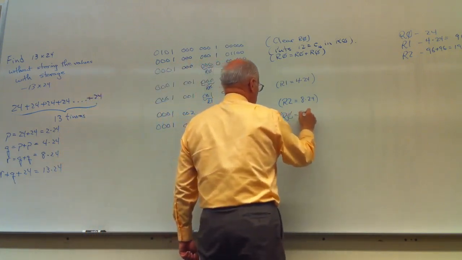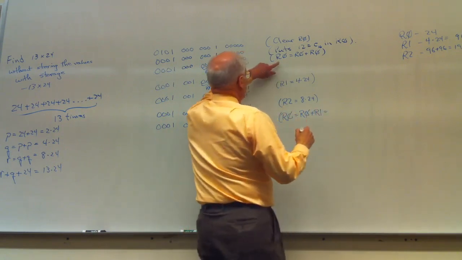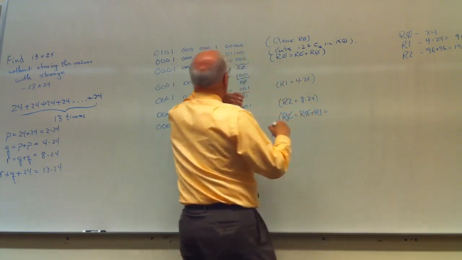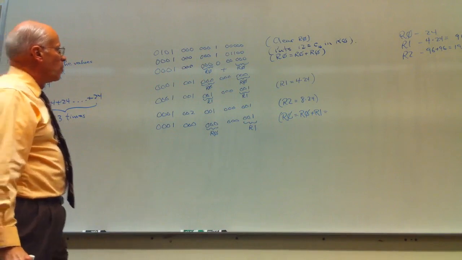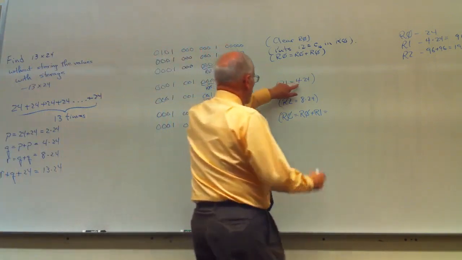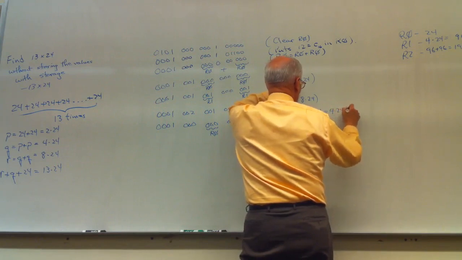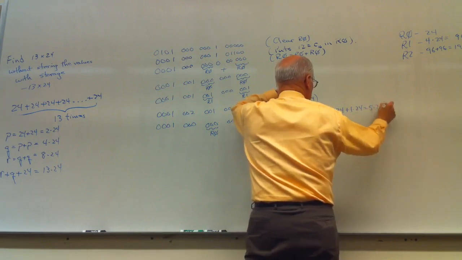So now register 0 is 0 plus register 1. Register 0 has 24 in it. Register 1 has 4 times 24. So I've got 4 times 24 plus 1 times 24, or 5 times 24.